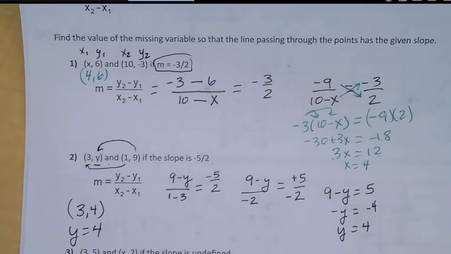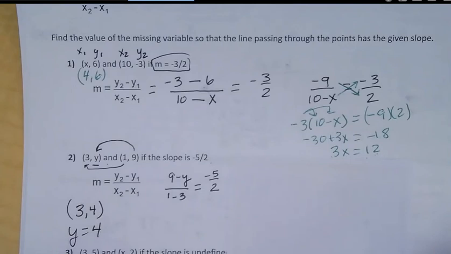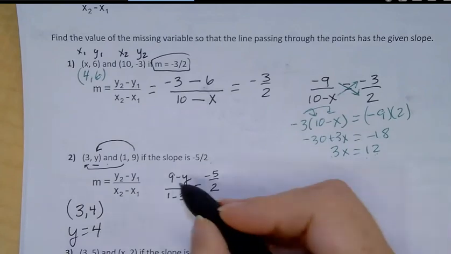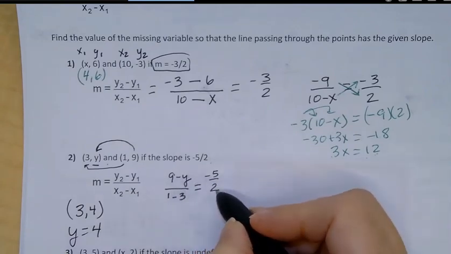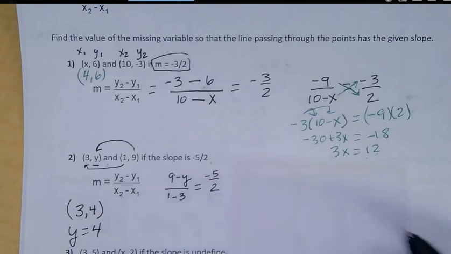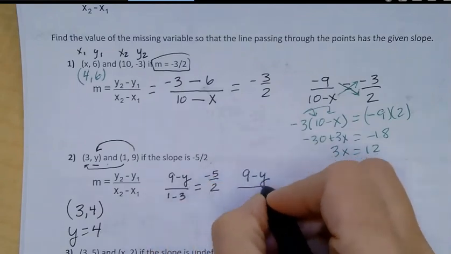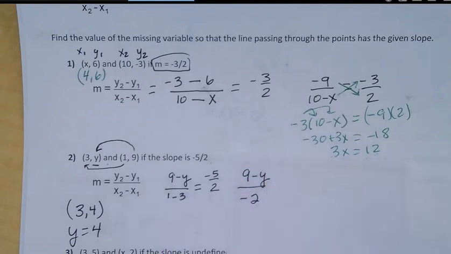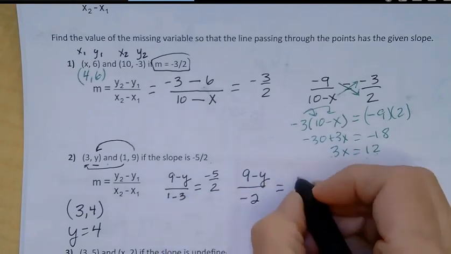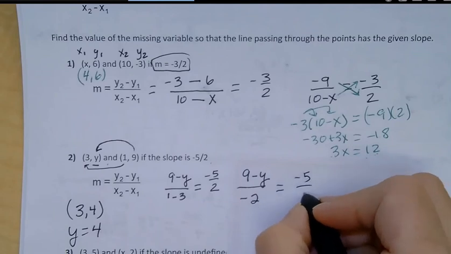Okay, if you're not comfortable with how I did that, let's come back and we'll use the cross multiply method. 9 minus y over 1 minus 3, so I'm going to rewrite this: 9 minus y over negative 2, since 1 minus 3 is negative 2, equals negative 5 over 2.